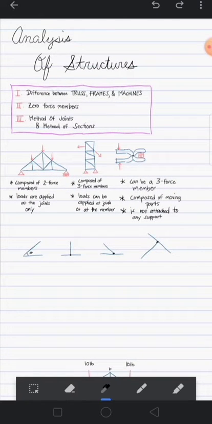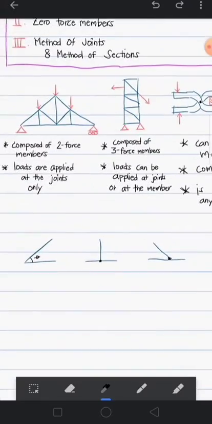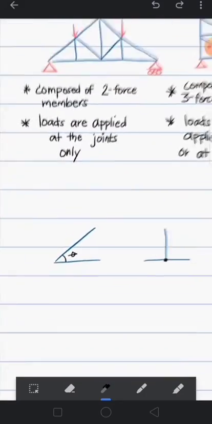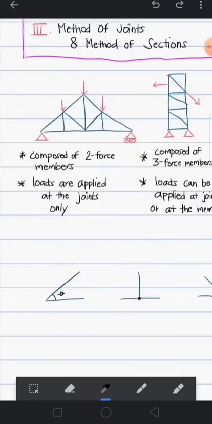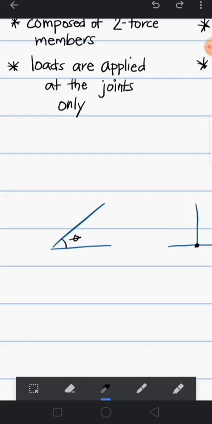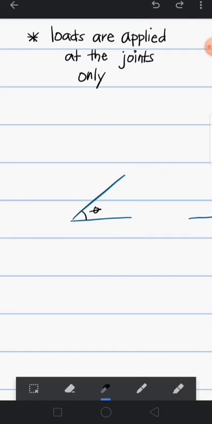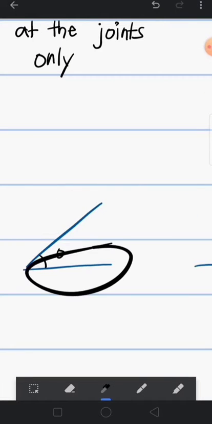And now the second one, the zero force members. A zero force member case is with two members or three members. For two members, if those two members of a truss form an angle between them of less than 90, say 89 or below, greater than 0 but less than 90, then automatically these two are zero force members.